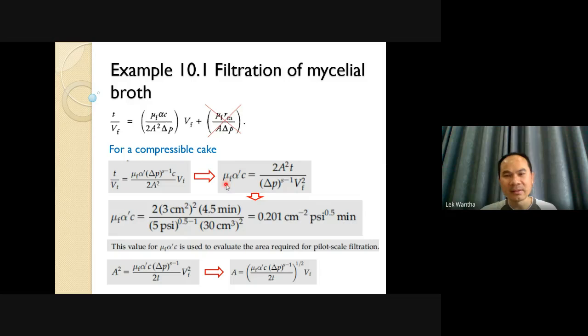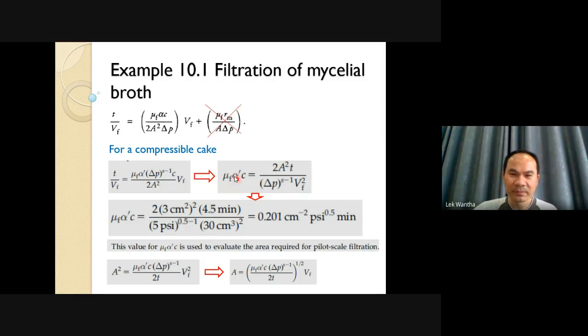Therefore alpha naught is also constant, and the concentration in the lab scale and pilot scale we assume constant. We don't know these values, but we can assume they are constant because it's common sense: when scaling up from lab scale to a larger scale, the viscosity, alpha naught or compressibility, and the concentration should be the same.